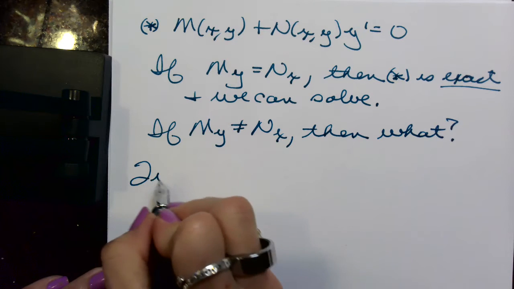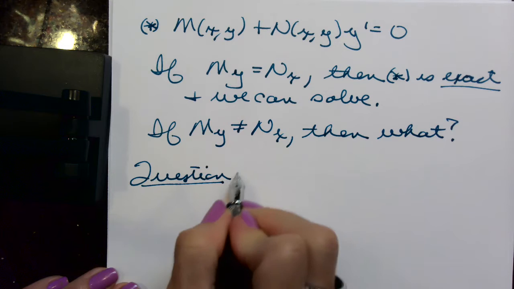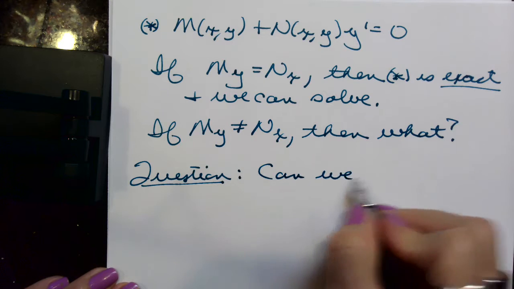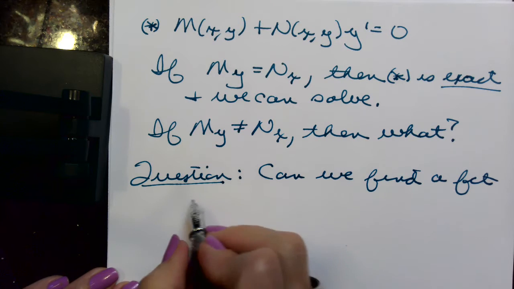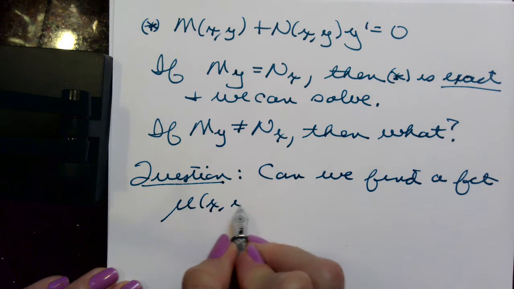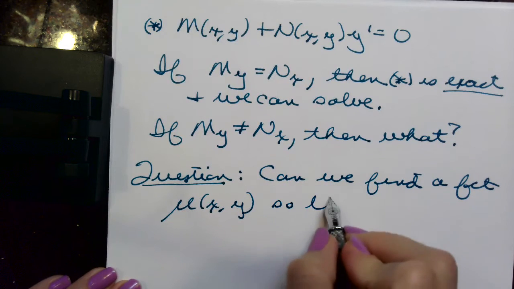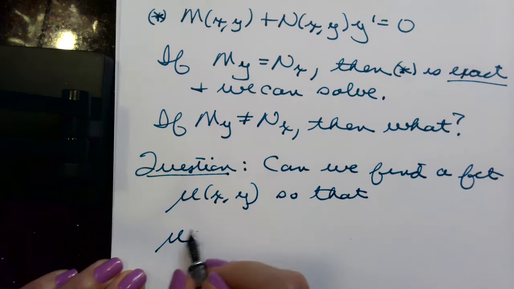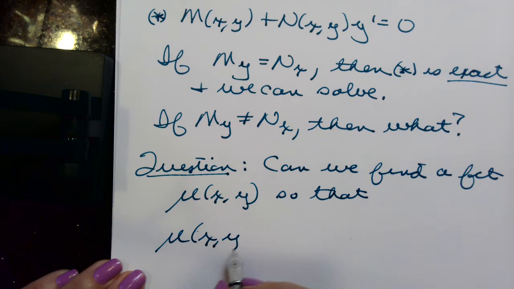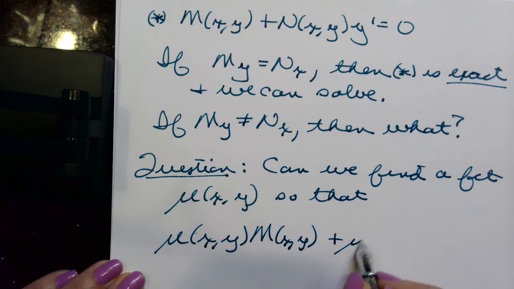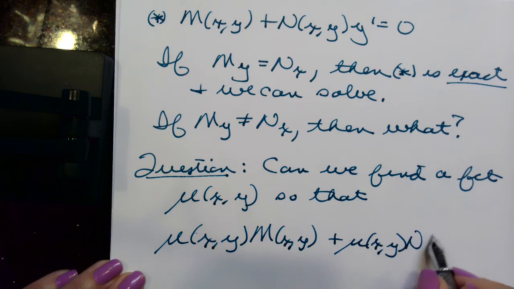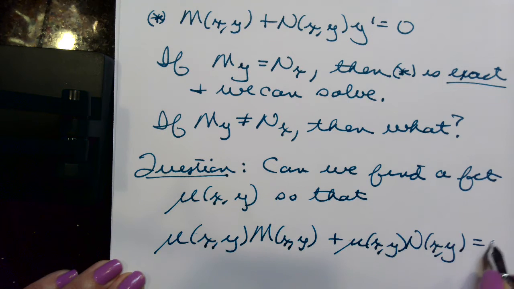Well, we're going to ask the question: can we find a function, my abbreviation for function is FCT, mu of x and y, so that if we multiply our equation up at the top by mu, we get an exact equation?